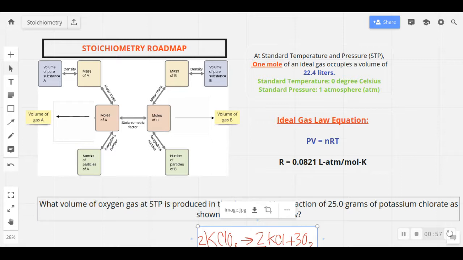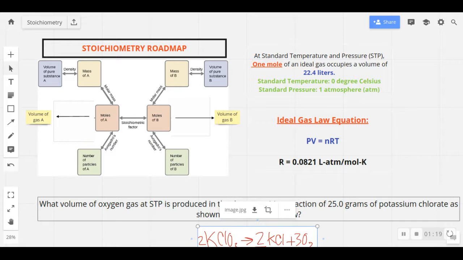Now take note, if it's a gas law problem, it will be obvious because you will be dealing with terms like STP, or in the ideal gas law, you'll be given pressure, volume, or temperature, and then you'll be asked for any of those variables. So that's your hint that you're dealing with gas stoichiometry.